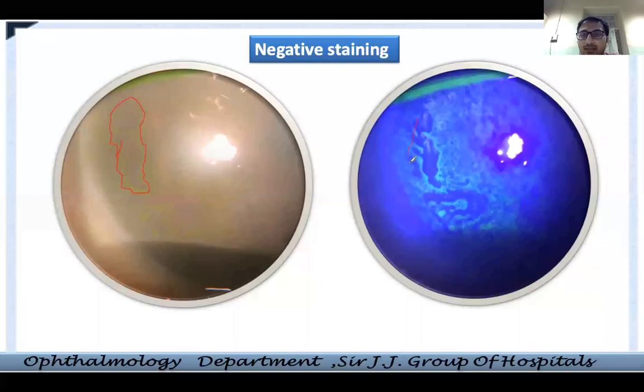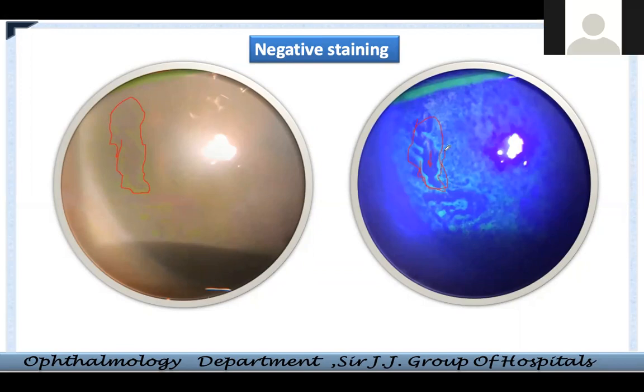So when I see with the filter, I do see that this part is elevated and this part is a negative staining, and basically the surrounding zone has pooled the dye. This negative staining is telling me that this is a small irregular bulla that has happened in the periphery, and that is what is bothering the patient. So this is a negative staining example.